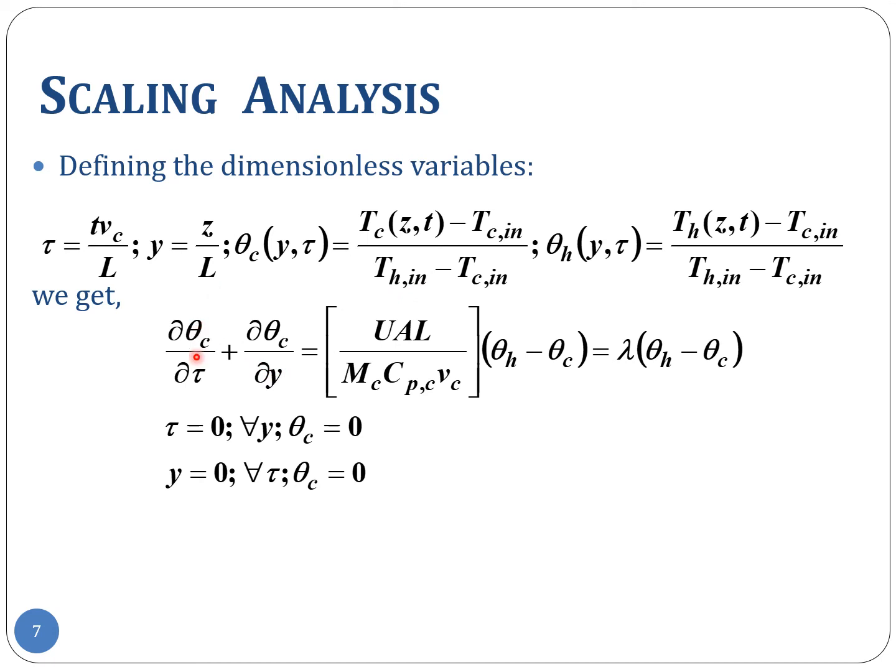And now this is in terms of dimensionless variables. This is the derivative of the dimensionless temperature difference of the cold fluid with respect to dimensionless time. This is the first derivative of dimensionless temperature difference of the cold fluid with respect to dimensionless position, right? So the structure of the equation looks quite similar to what we saw initially, as it should.